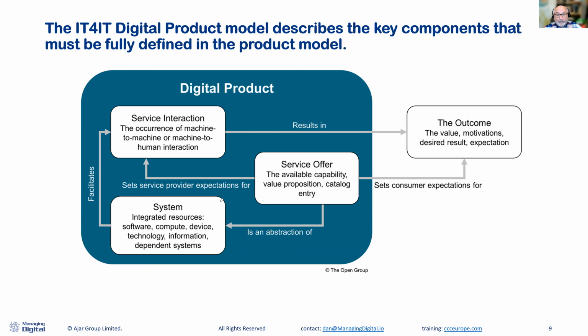The system is described and has to be documented as part of the design of the product for it to work. And that enables the service interactions. The service interactions are also explicit, and those are the kinds of things that we can do that will result in this outcome. So understanding all of this is the job of the business side of the product ownership.